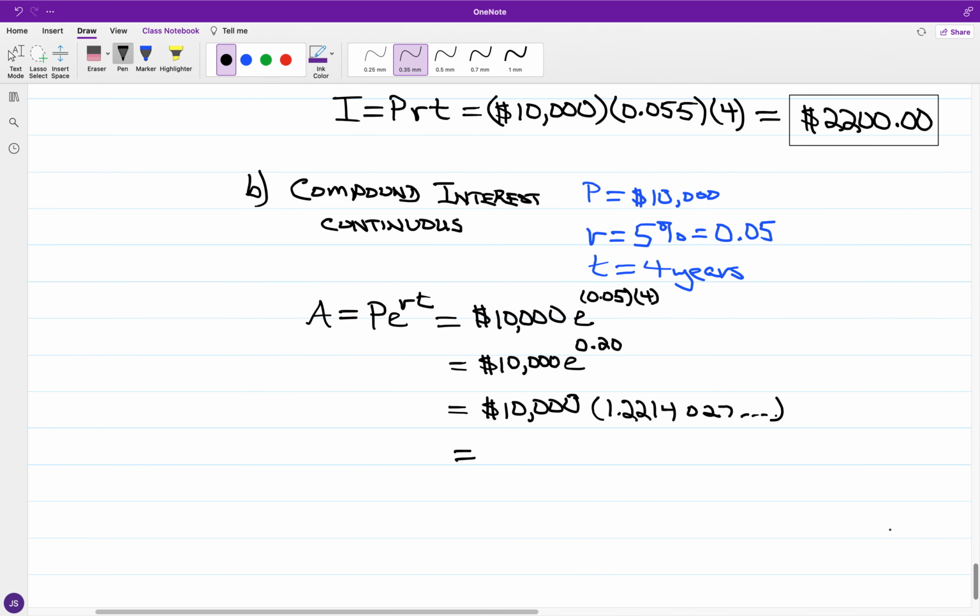And multiplying by $10,000, we're looking at right at $12,214, and to the nearest penny, this will be about 3 cents.